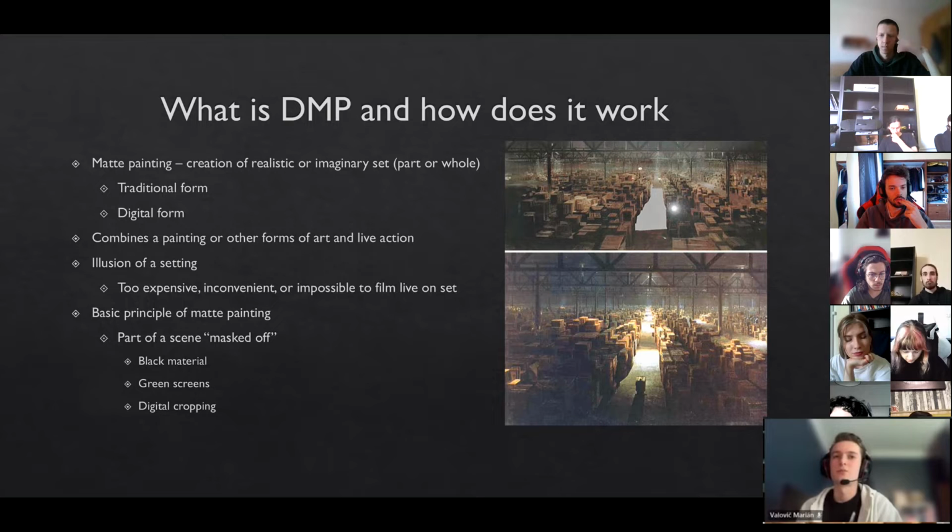The basic principle of matte painting is that part of the scene is masked off, which you can see on the right side in the image, which is from the classic Indiana Jones movie with the storage of artifacts, in which most of the shot is painted.